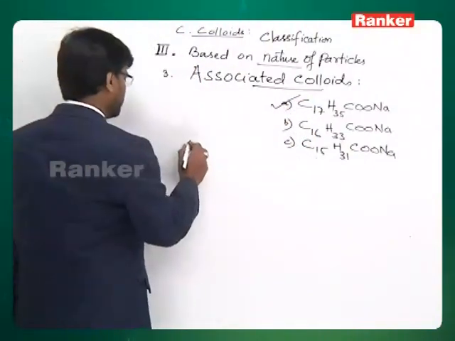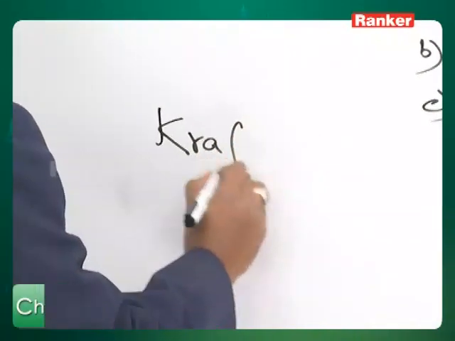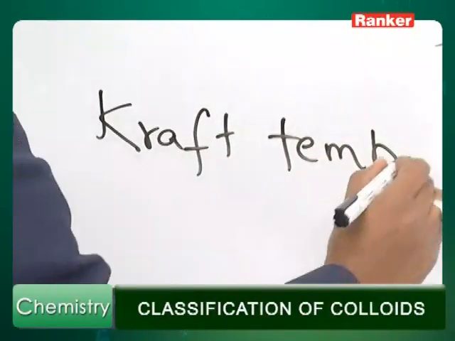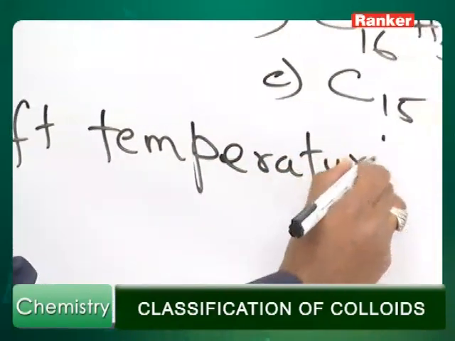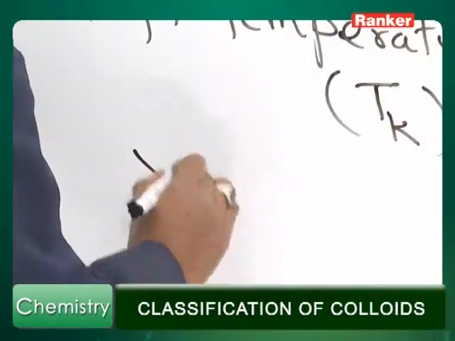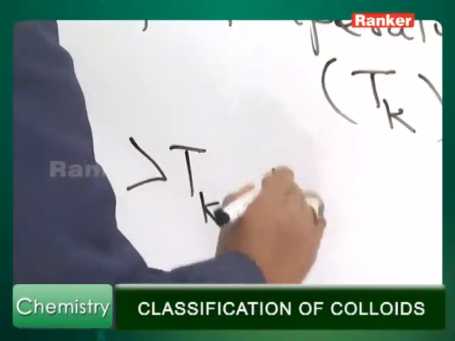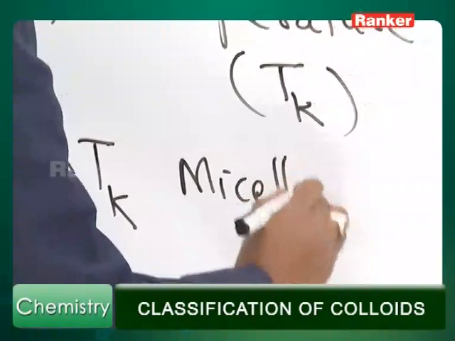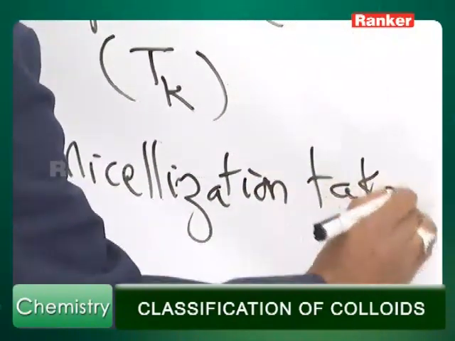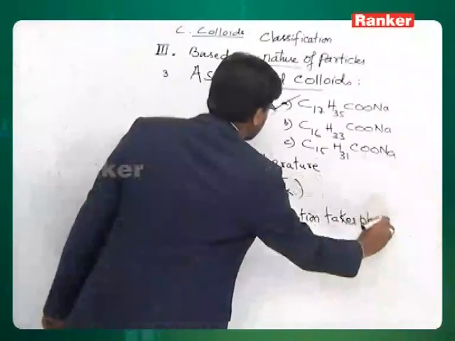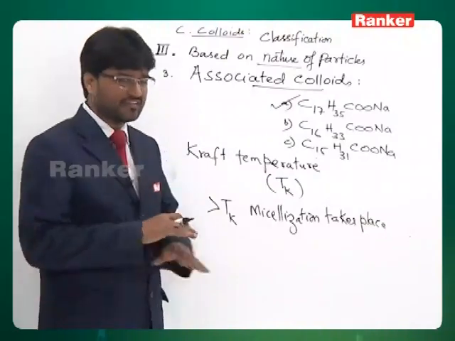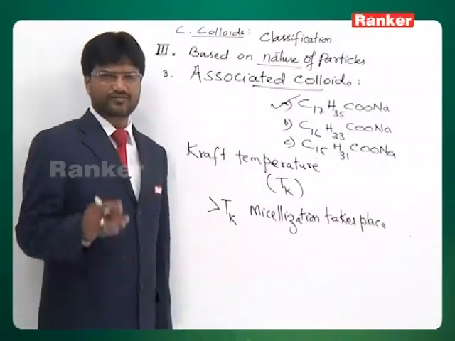Another term I wanted to make you familiar with is Kraft temperature. Kraft temperature is denoted by Tk. Above Tk, micellization takes place. The temperature below which micellization cannot take place is called Kraft temperature.